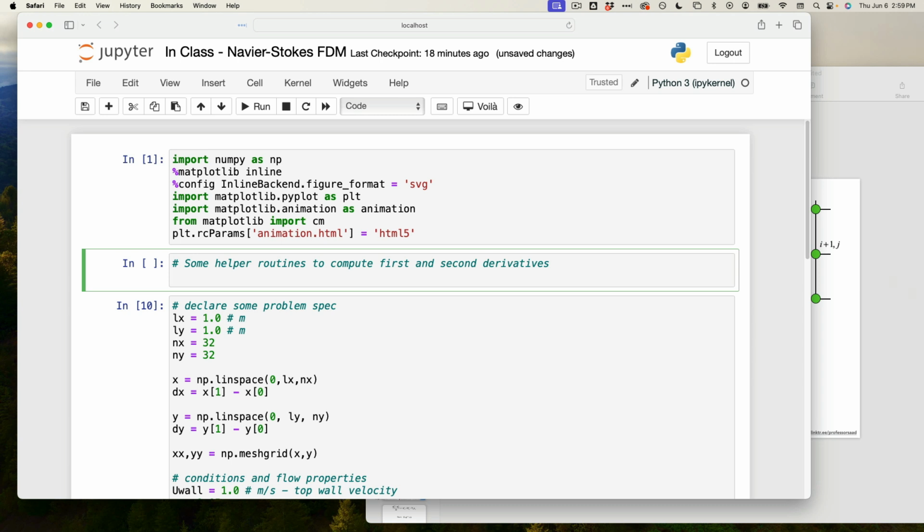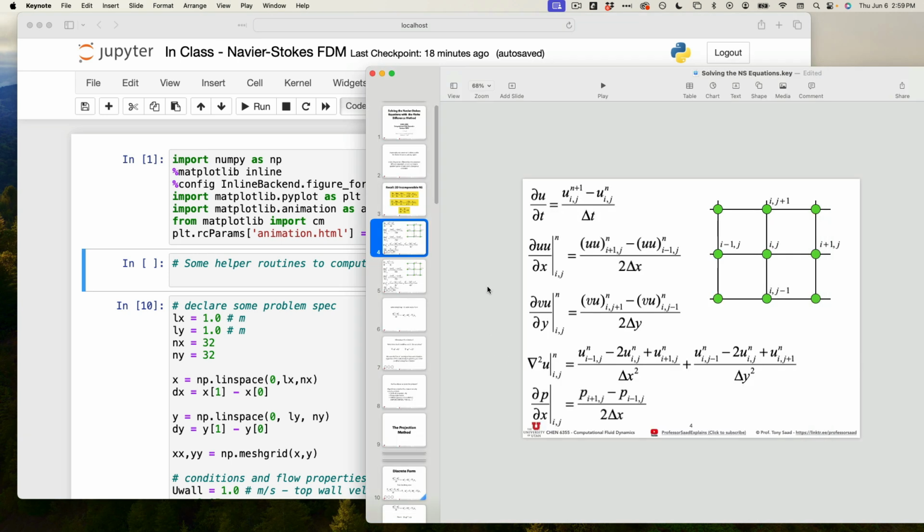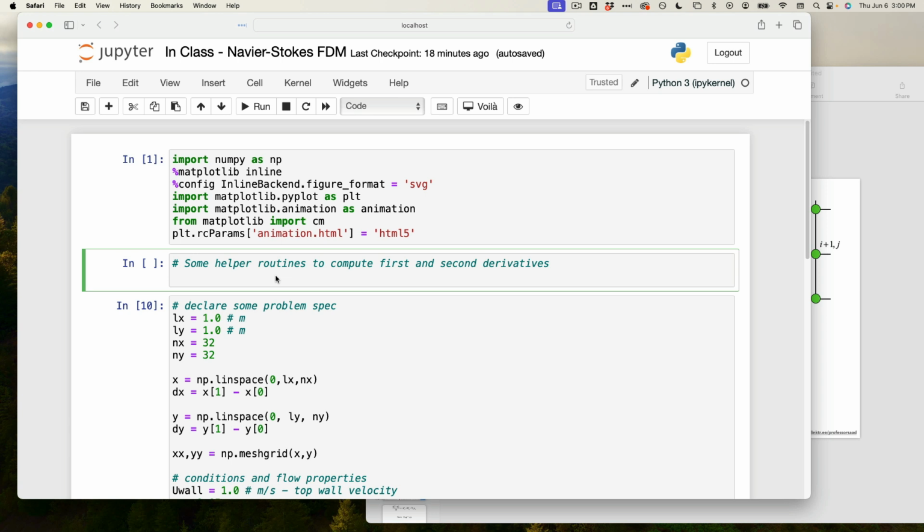The way I will implement this is I'm going to assume I have some quantity that I'm advecting, and I'm taking that quantity as the product of the advecting velocity and the advected quantity. So my function is going to take UU or VU or VV, and just compute either d by dx or d by dy of that quantity. Okay, just the first derivative of some quantity. So I'm going to call this d dx, my quantity plus the spacing.